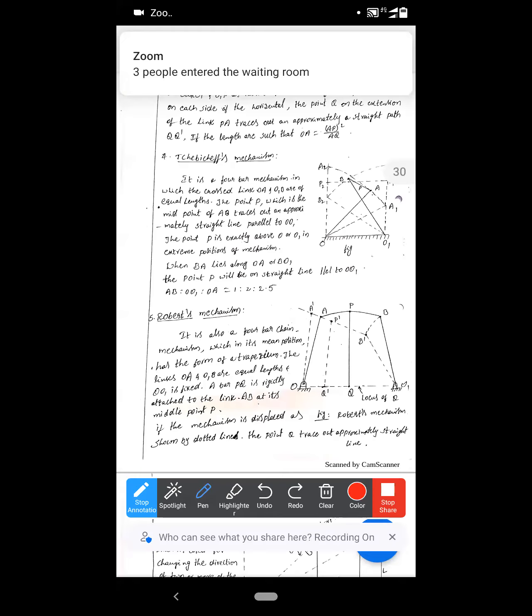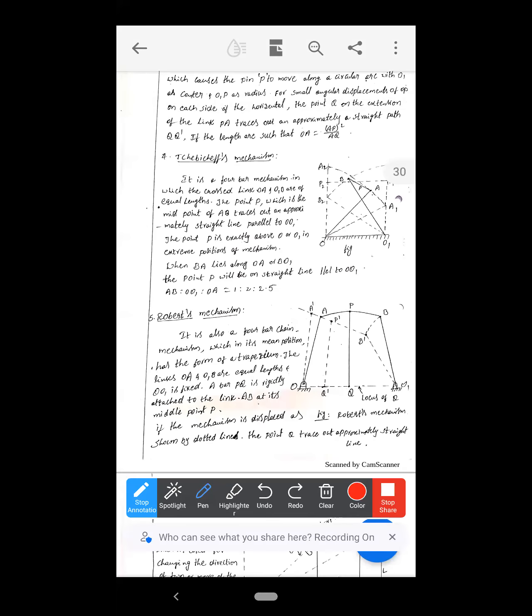In this, PQ is also there. The Q point has exact straight line motion. So the Q point achieves the straight line motion here, when we arrange this particular type of shape, which we consider our Roberts mechanism.